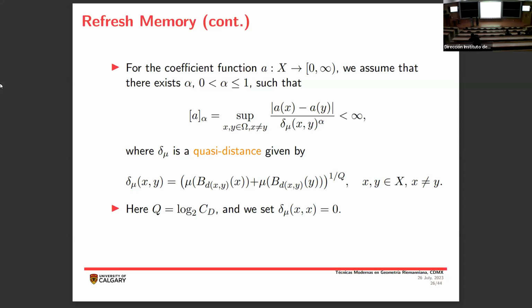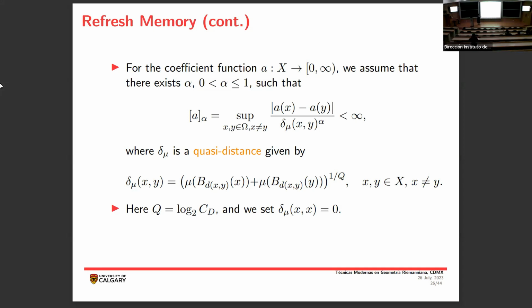Okay, now in the Euclidean case, the assumption over our coefficient function is that it is non-negative and alpha-Hölder continuous for an alpha between 0 and 1. Now, in this work, we're going to assume something similar.